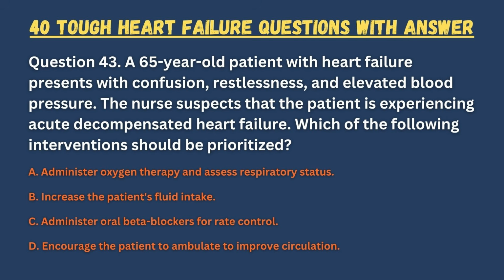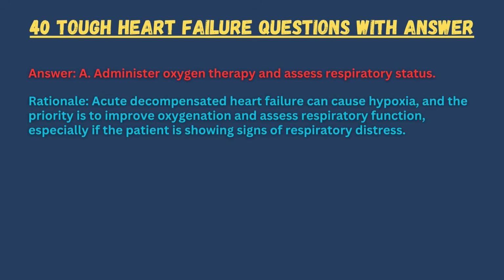C. Administer oral beta blockers for rate control. D. Encourage the patient to ambulate to improve circulation. Answer: A. Administer oxygen therapy and assess respiratory status. Rationale: acute decompensated heart failure can cause hypoxia, and the priority is to improve oxygenation and assess respiratory function, especially if the patient is showing signs of respiratory distress.